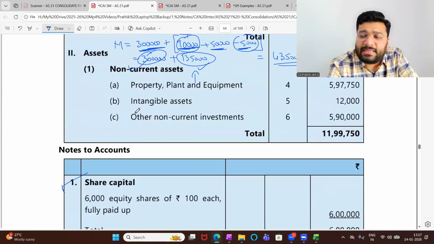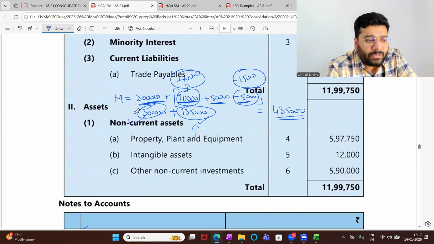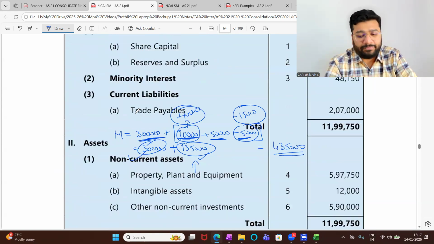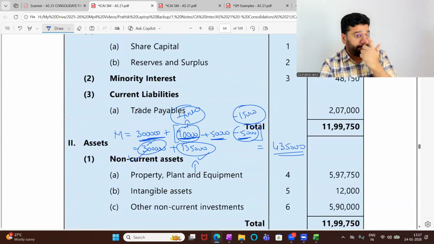Are you getting 11 lakh 99,750? Sir. For liability, you got it? Yes. Okay. Both you got it. Okay.